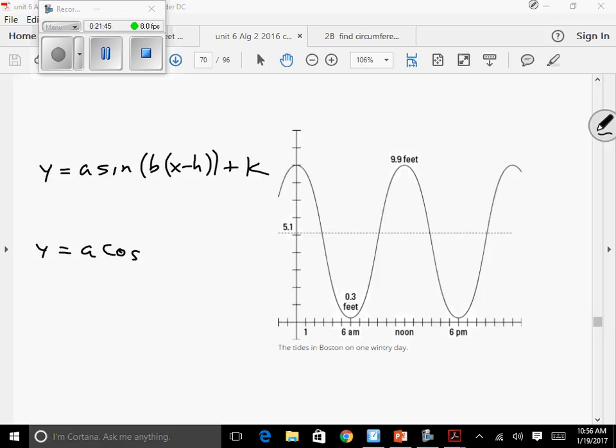What was the K on this one? The K is 5.1. What did we put for the A? It's 9.9 here and a 5.1 here.